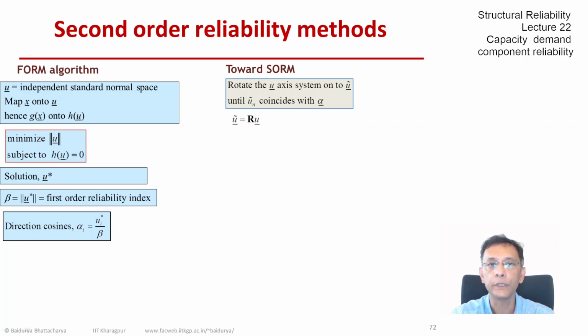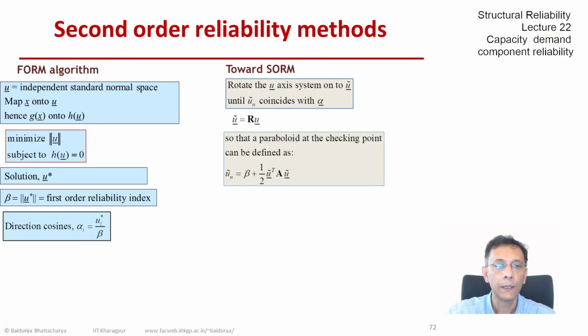R is the transformation matrix. So if we do it this way, then our paraboloid can be given in terms of the nth axis, the last one in the new tilde system, as beta, the minimum distance, plus a second order fit at the minimum distance point u star in the new coordinate system u tilde.